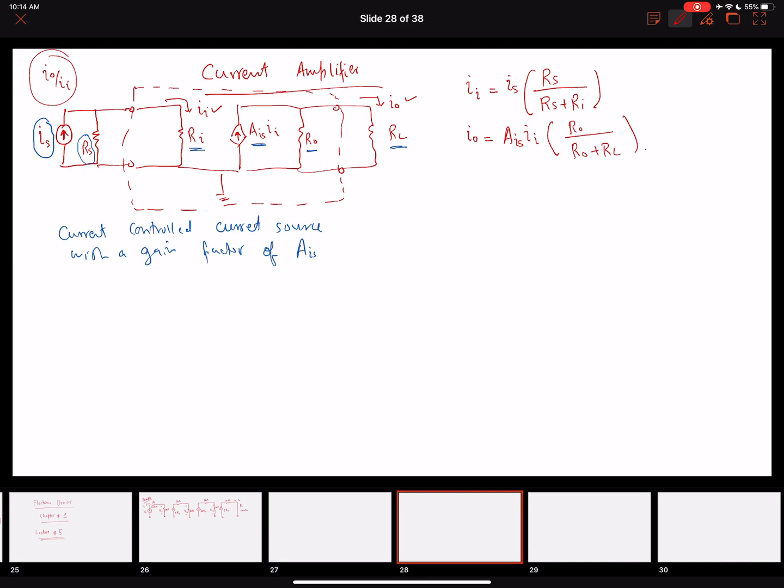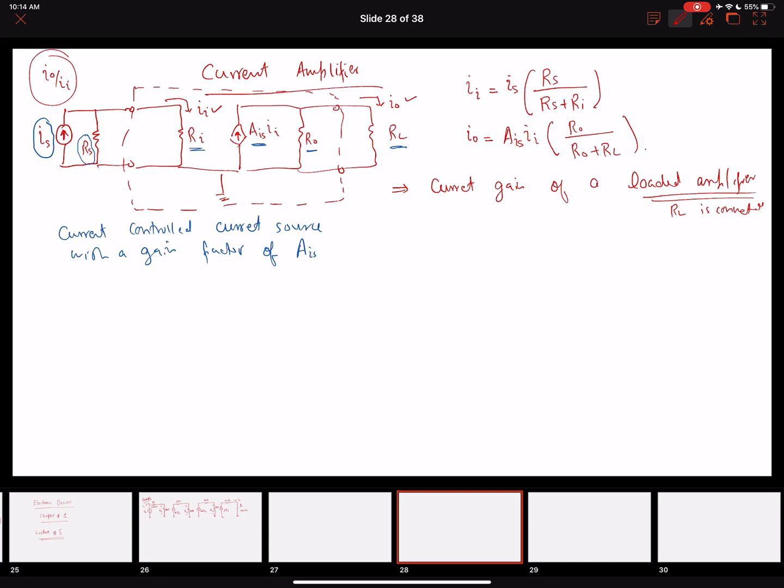All right. Now, current gain. So let's determine the current gain. What is the current gain of a loaded amplifier? Loaded amplifier means RL is connected, right?